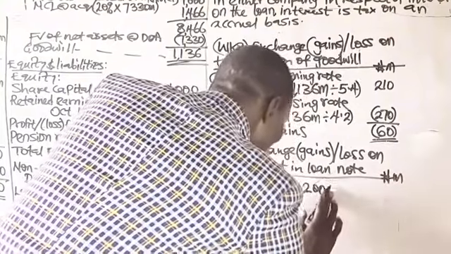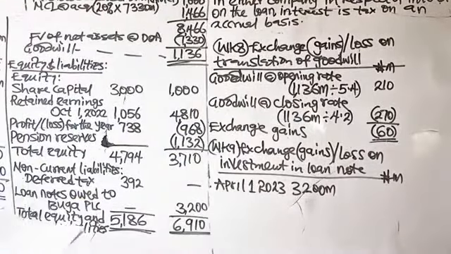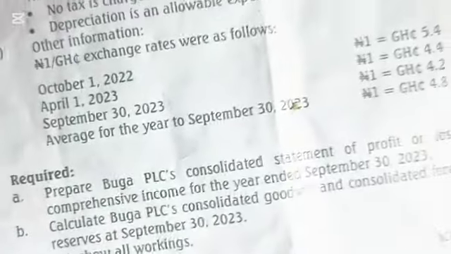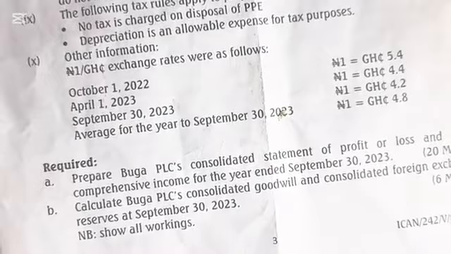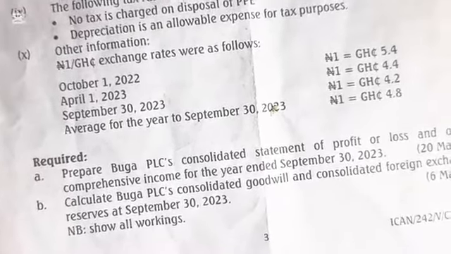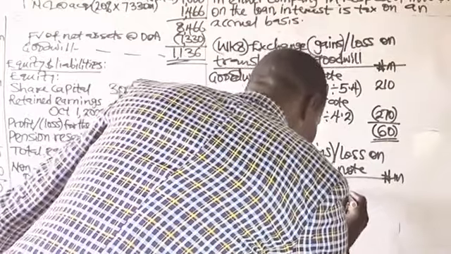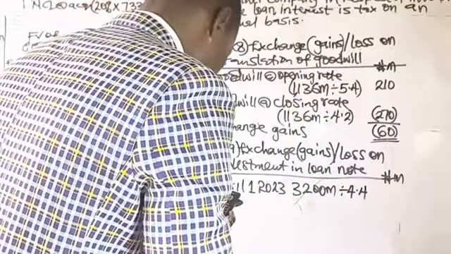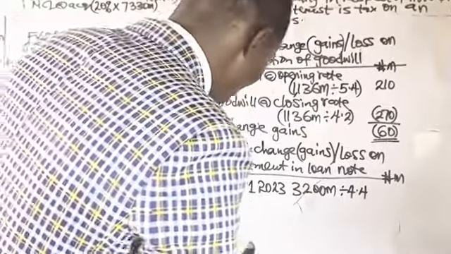And the exchange rate at the date the investment in loan notes was made, April 1st, 2023, is 4.4. So that means we use that 4.4 to translate it. We have 3.2 divided by 4.4. That gives us 727.